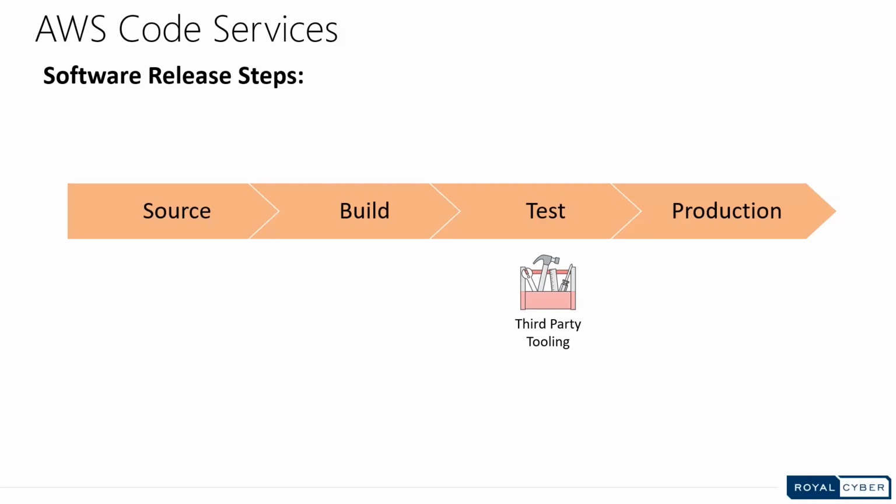For that, we might use something like RunScope, which is an AWS partner. And we want to make sure that not only is the unit testing passing, not only is the application functioning, but it also functions and passes at scale. So we want to do load testing on our application. And we can use something like BlazeMeter, Micro Focus for those types of solutions.